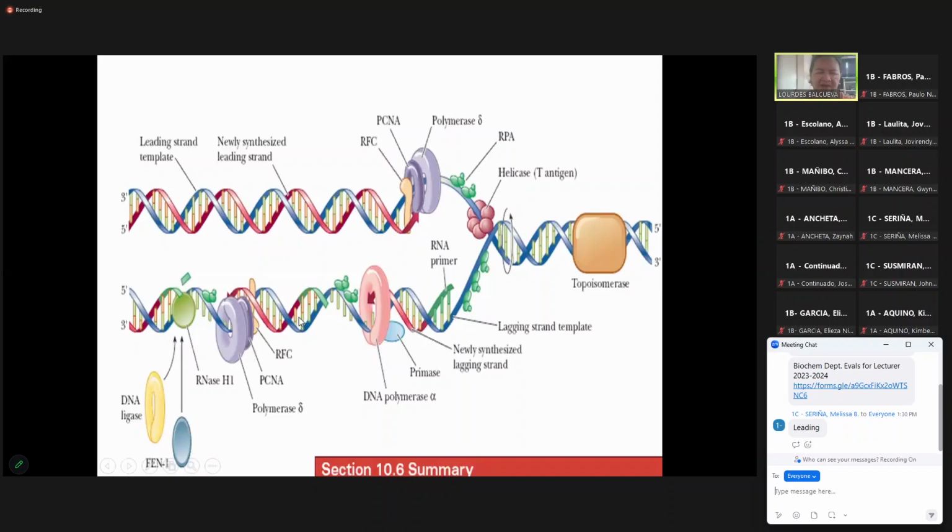Pag nag-polymerase delta na, then the enzymes polymerase alpha and the primase will be removed.